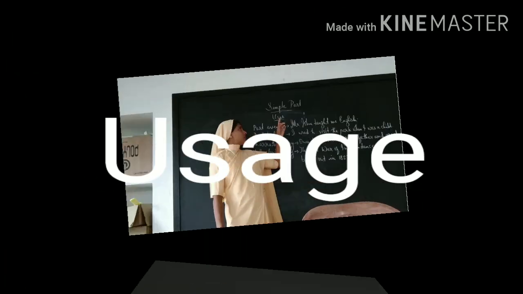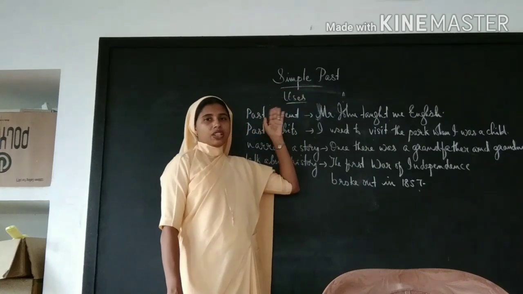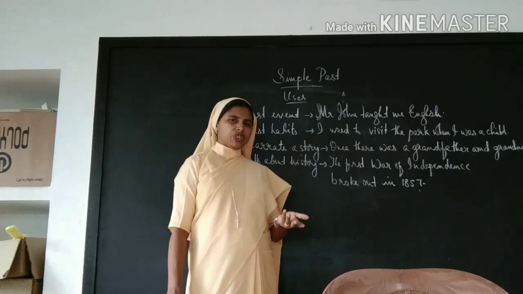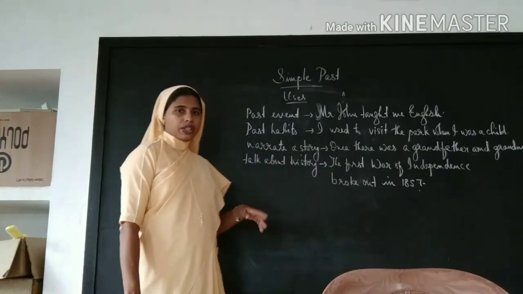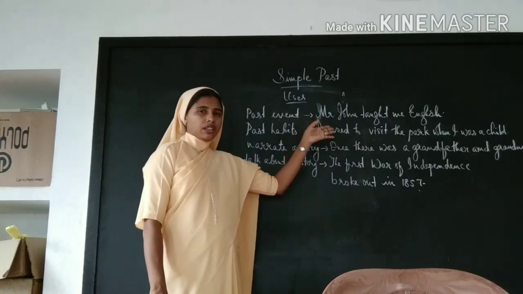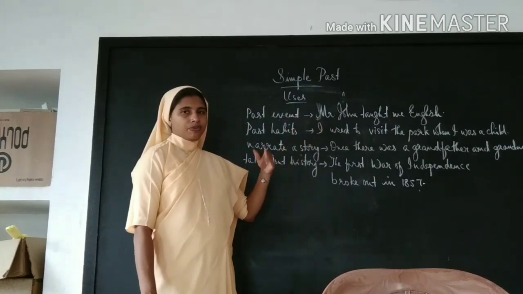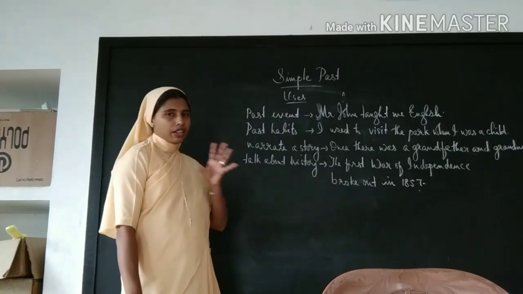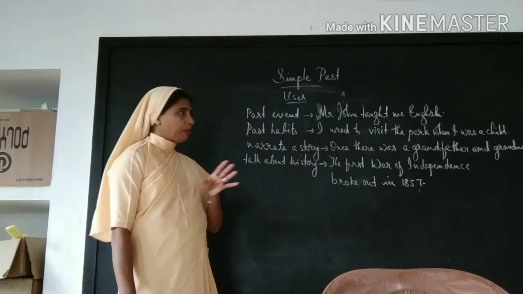Let's see the uses of simple past tense. You normally use it, but we don't know where we use it, or we are not aware of it. In order to describe a past event that took place in the past, we normally use simple past tense, if it happened at a particular point of time.